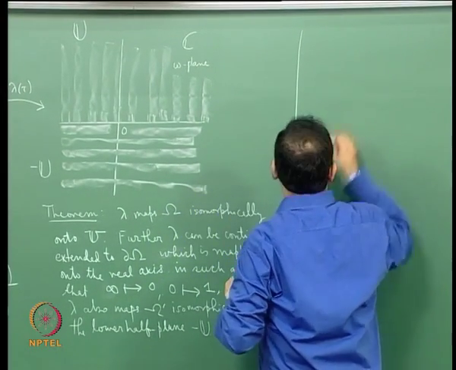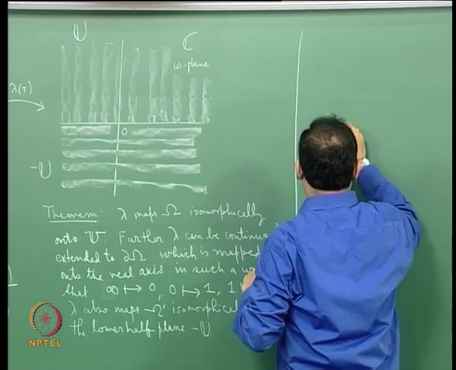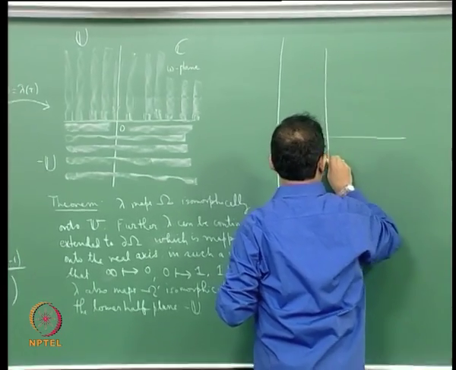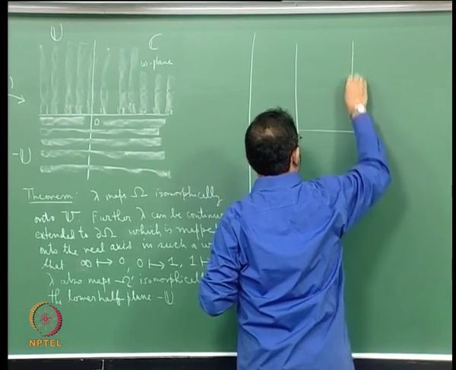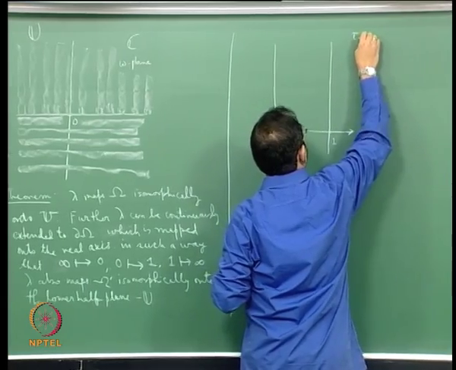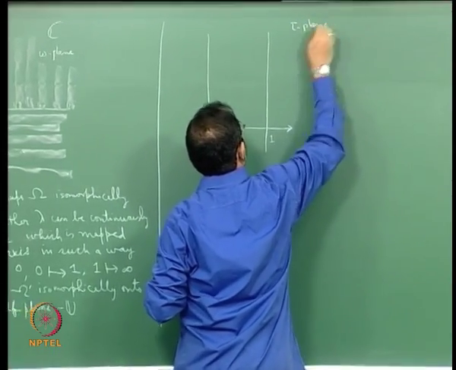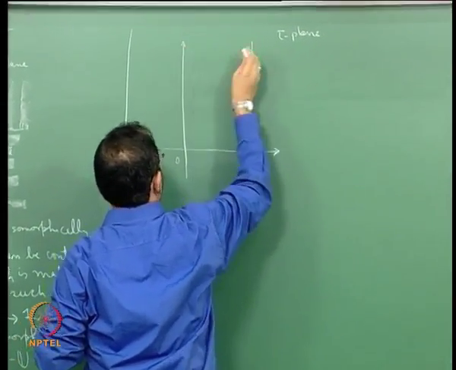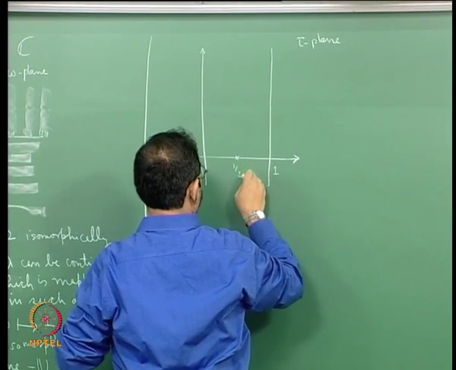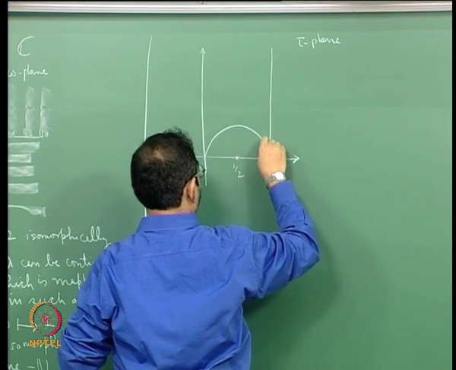Now for that, let me again draw the diagram here, and make a certain observation. So here, this is 0, this is 1, this is the tau plane, okay. So you have the semicircle here, okay.